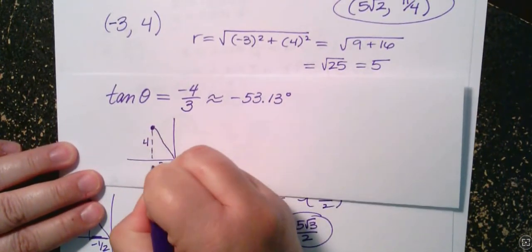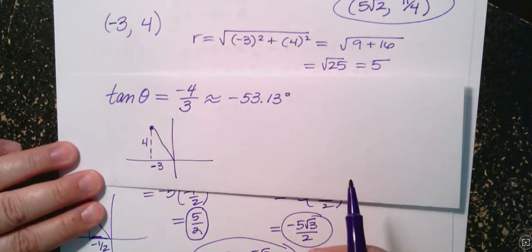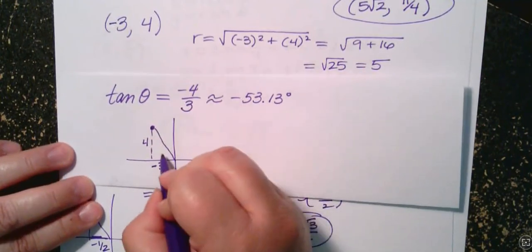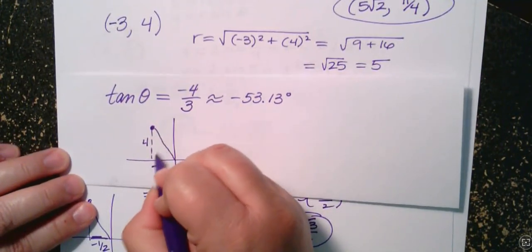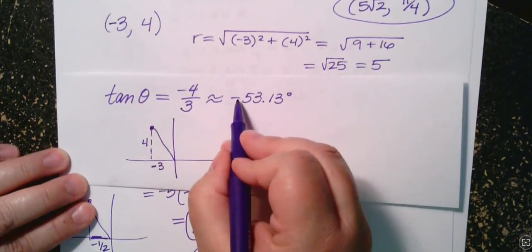For that to be negative, this is going to be negative, which makes sense because 4 is up. So the negative 53, the negative is just basically saying that your tangent is negative here, because tangent is negative in the second quadrant and the fourth quadrant.